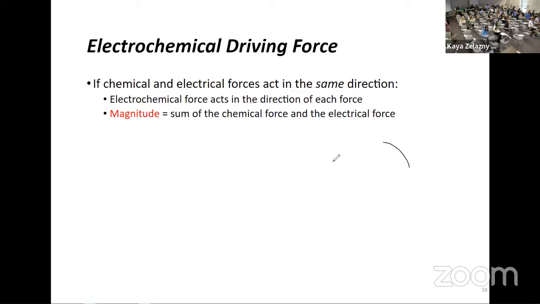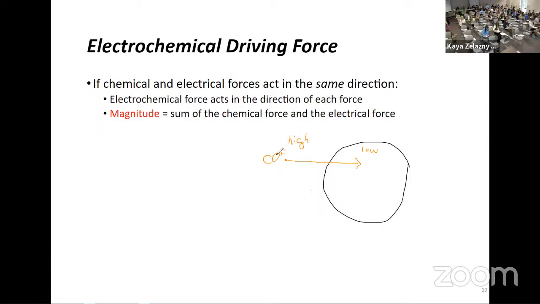Okay. So if we have a cell, we may see that we have, let's go, high concentration outside, low concentration inside, would give us a CDF pointing in. Okay. So if we're going high to low, that's how we figure out that CDF, chemical driving force.